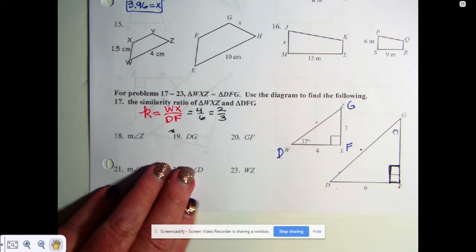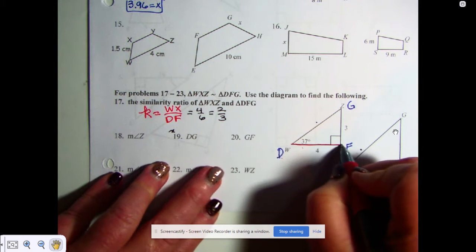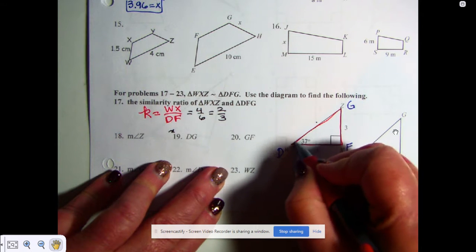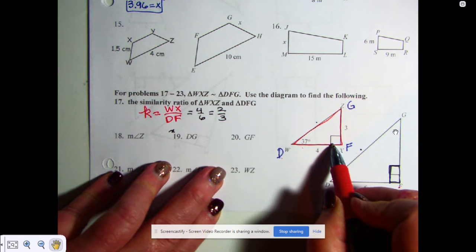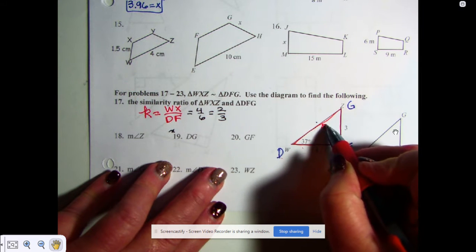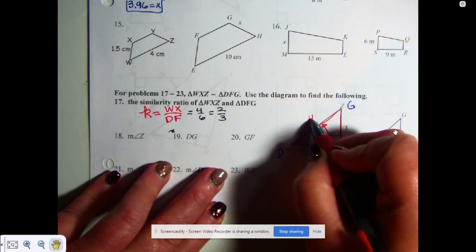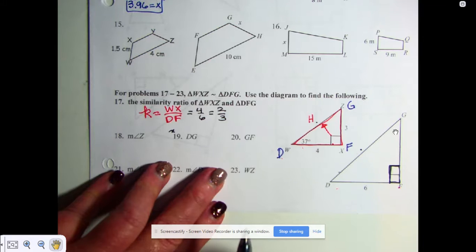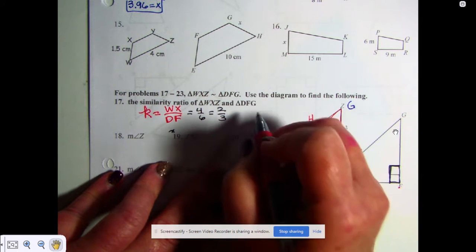If you look at this triangle, it has a box in it. That means it's a right triangle. The right triangle always goes, whoop, there it is, and there's your hypotenuse. If I'm looking for the hypotenuse of a right triangle, I'm going to use the Pythagorean theorem, or in my class, we call it PT.